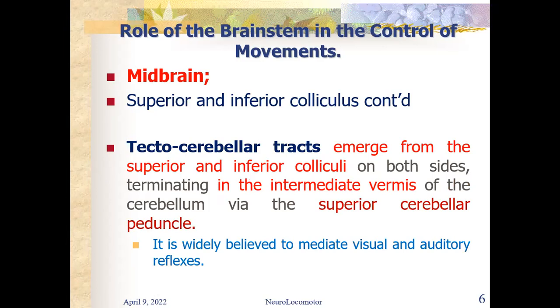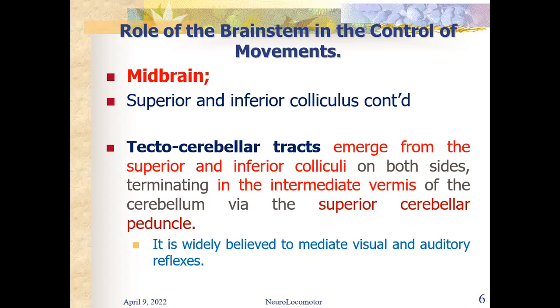So that is where the tectocerebellar tracts terminate. It is widely believed that this tract mediates visual and auditory reflexes. So visual and auditory reflexes are also sent for integration in the cerebellum, and they enter the cerebellum via the superior cerebellar peduncle.